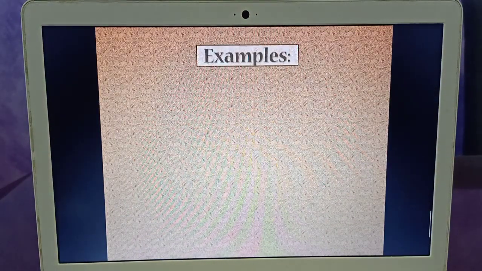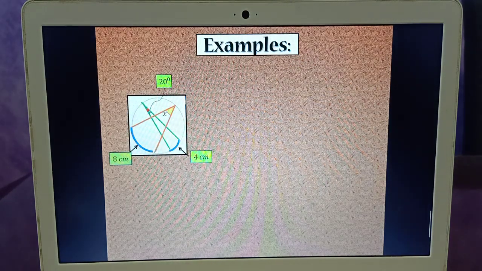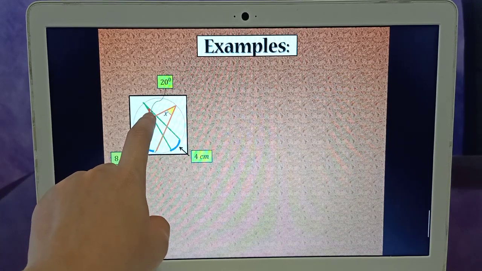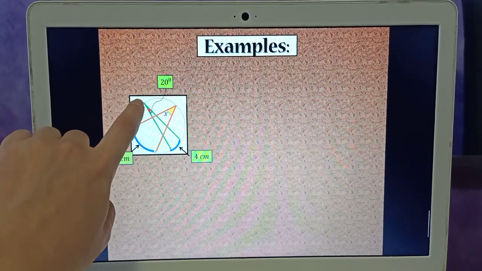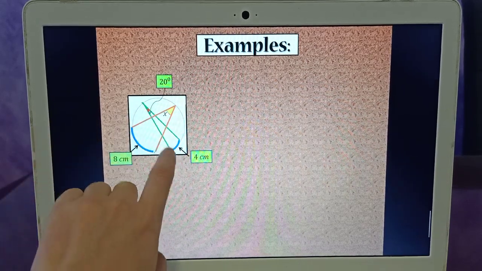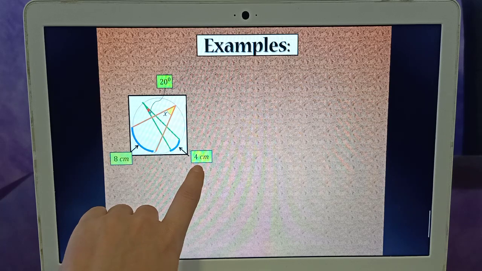Okay, next example is regarding this one. This time, what can we say about the 20 degrees here? This 20 degrees is actually angle subtended at the circumference, right? Because it is formed by two chords subtended by an arc of 4 cm here.